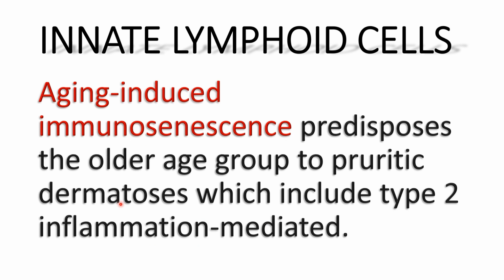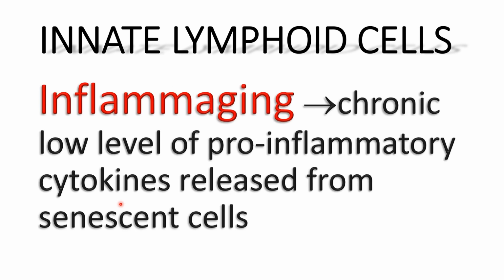In this paper, they are telling that age-induced immunosenescence predisposes the older age group to pruritic dermatoses, which include type 2 inflammation mediated. Inflammaging means a chronic low level of pro-inflammatory cytokines released from the senescent cells.